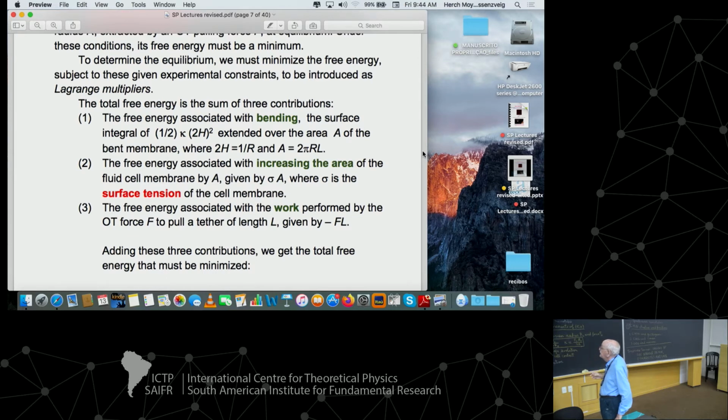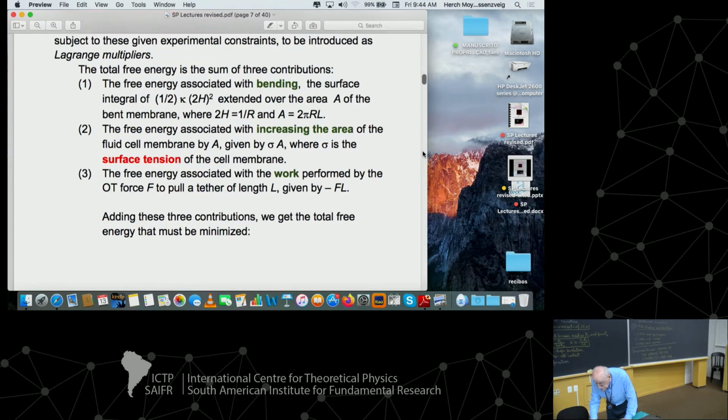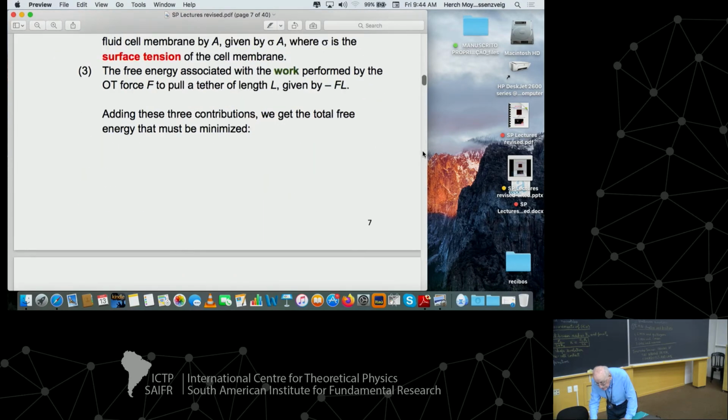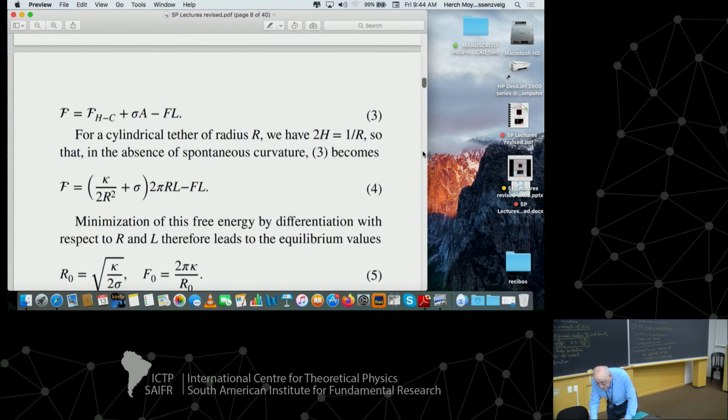Sigma is the surface tension. And finally, as you're doing this, you have work performed by the optical tweezers to pull a tether of length L, which is minus the product of F and L. You add all these three contributions, and you get the total free energy that must be minimized.